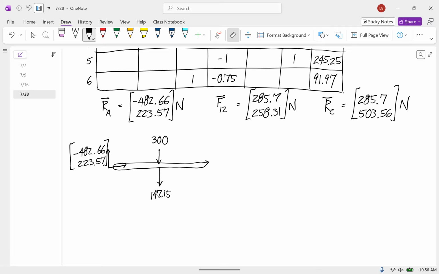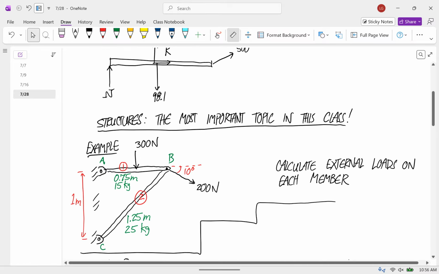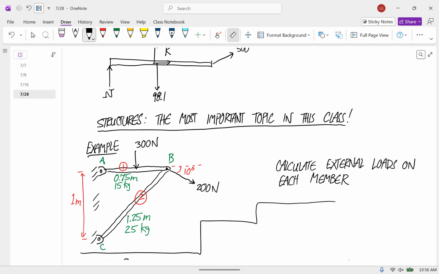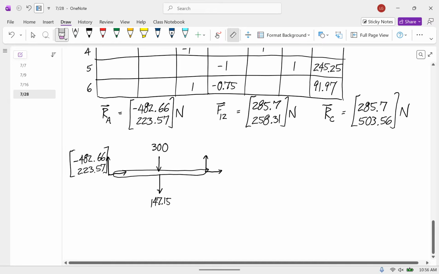And then the key thing over here is notice that that 200 Newton force and the force F12 act at the same spot. So we have to add those two force vectors together. Okay. I guess maybe I'll do it here just to be consistent.